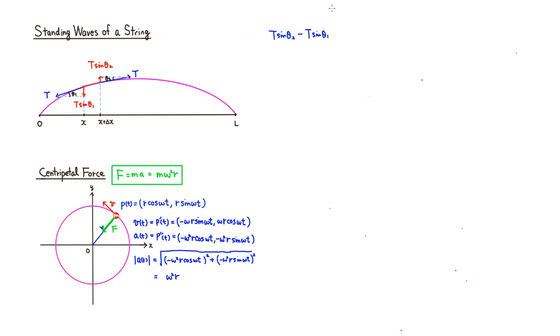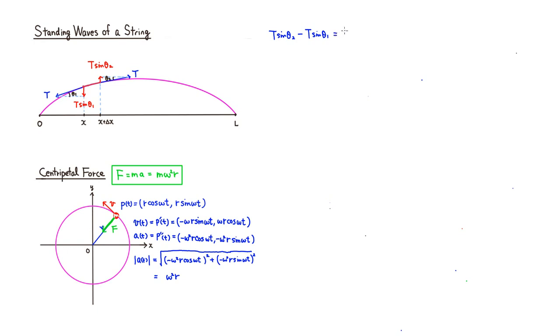Since we're assuming that theta 1 and theta 2 are fairly small, cosine of a small angle is very close to 1, so we're going to make the following approximation. Instead of sine, we're going to use tangent. First I'm going to pull out the T, and maybe I should write the equality there.